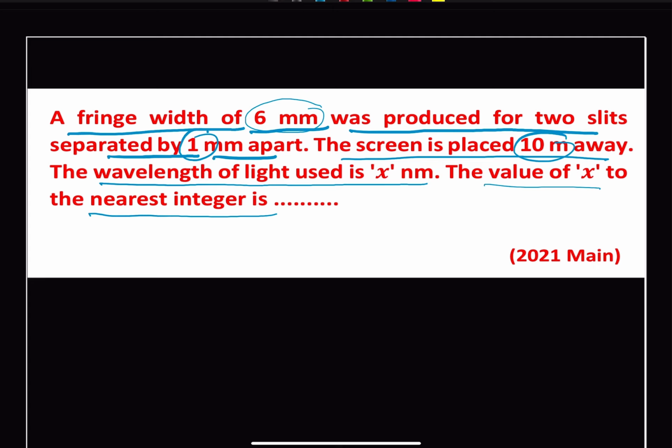So we can say that our value of beta is given as 6 millimeter. So this becomes 6 into 10 to the power minus 3 meters. And we have small d that is given as 1 millimeter. So this becomes 1 into 10 to the power minus 3 meters. And we have capital D that is given as 10 meters. And we have to find out the lambda.